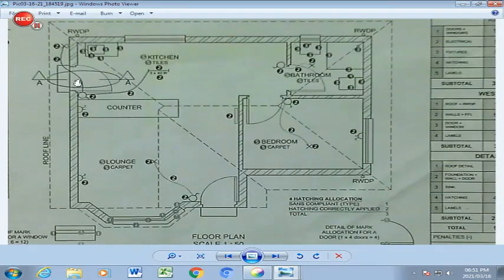Let's go and do the west elevation on top, where you are going to look at this specific section here in front, drawn at the top as your west elevation.